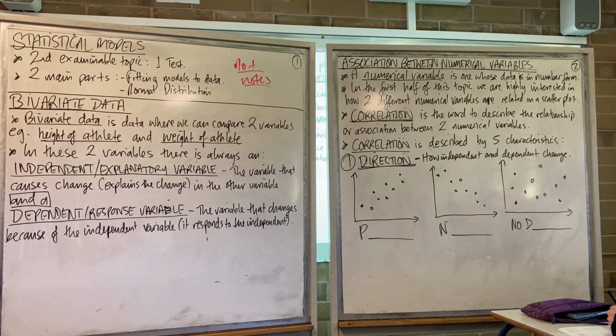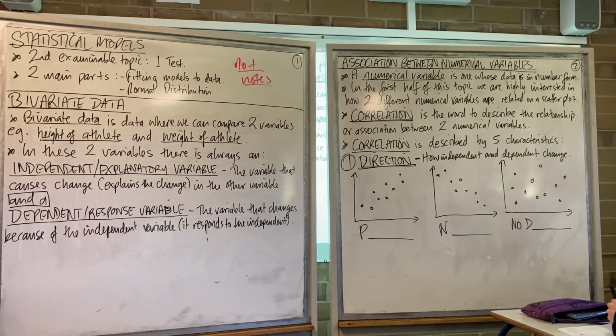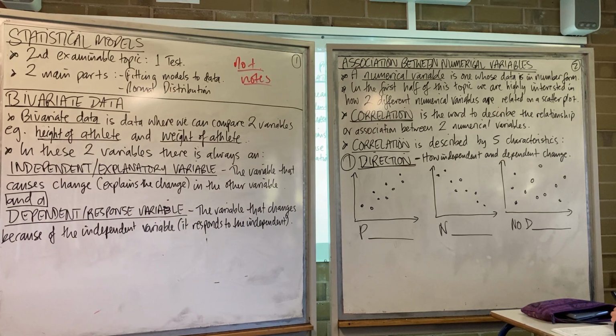In these two variables, and hopefully you've done science up until year 10 at least, there's always an independent or explanatory variable. That's the variable that causes change or explains the change in the other variable. Hopefully that's been explained to you in science previously. I've had a lot of you for Ignite, so I know that that's been the case.